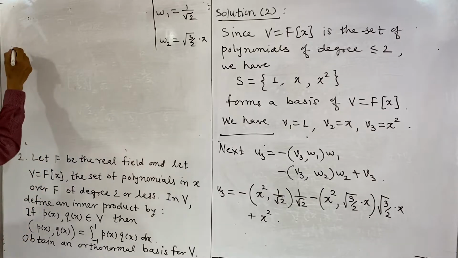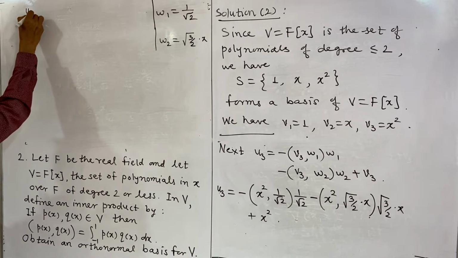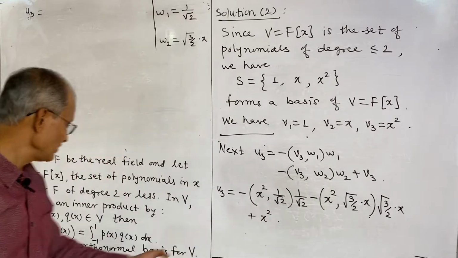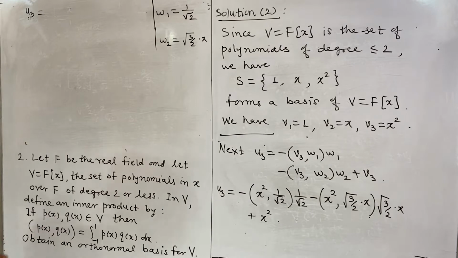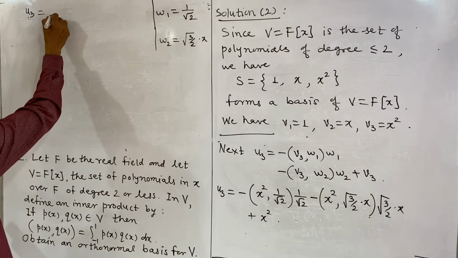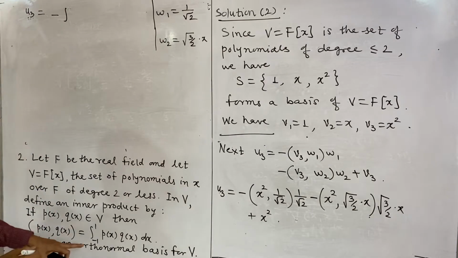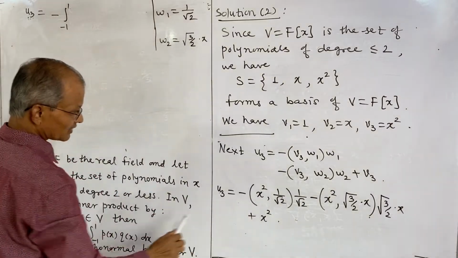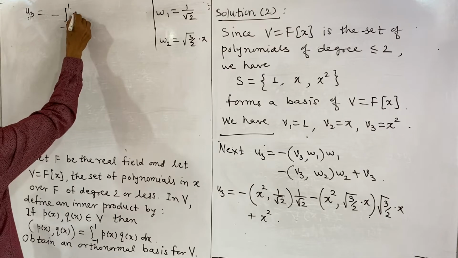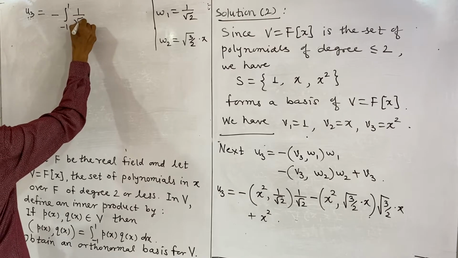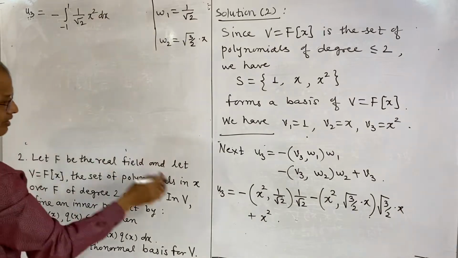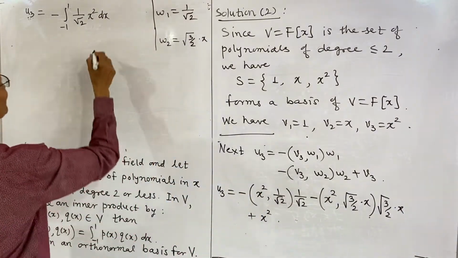So u3 is equal to minus, now the inner product using the definition, is the integral from minus 1 to plus 1 of the product of these two, x square into 1 by root 2, so that is 1 by root 2 x square dx. So this much is the inner product of these two, multiplied by 1 by root 2.